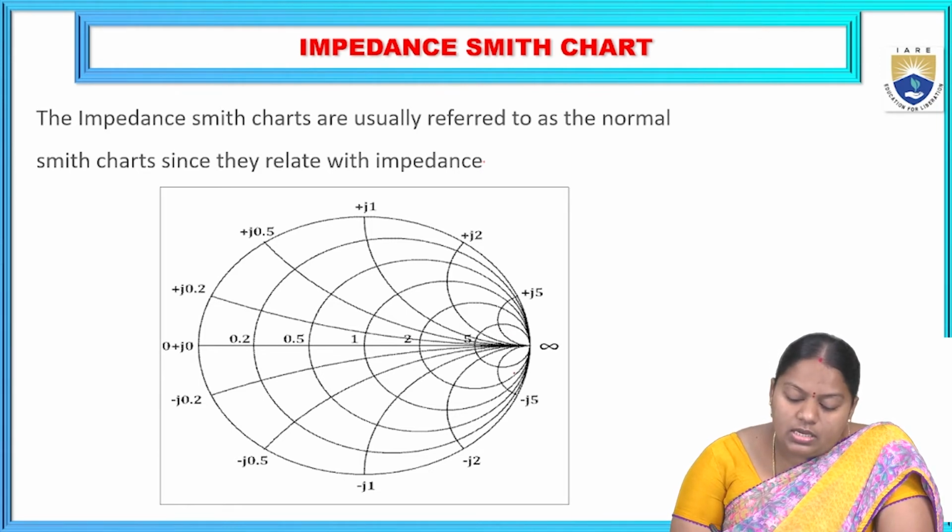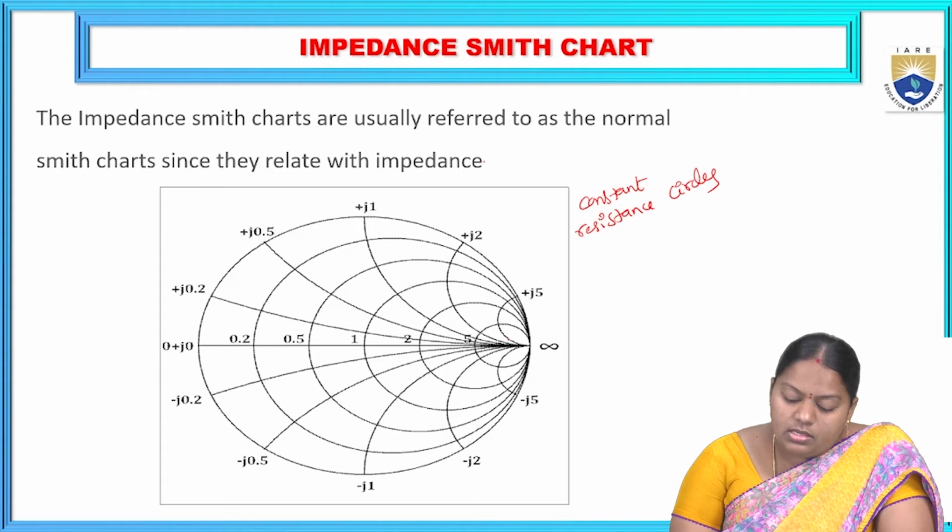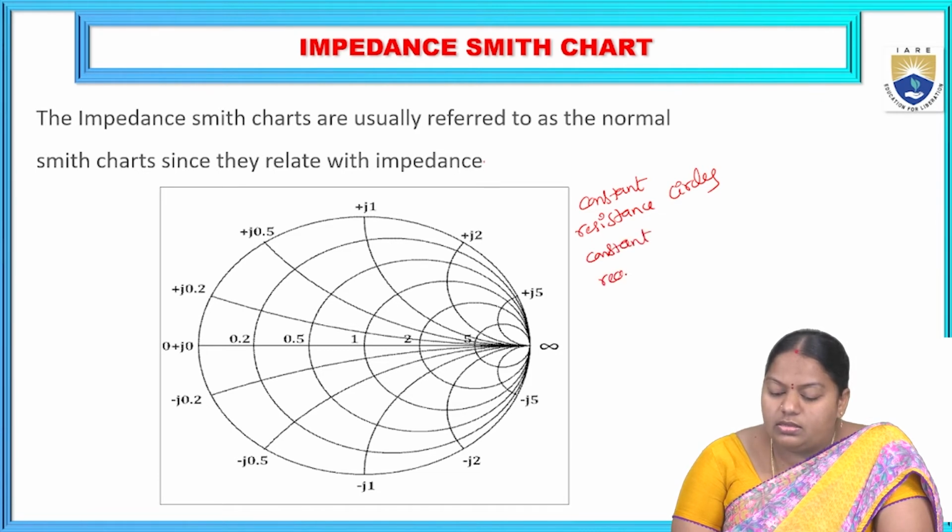See, these circles are representing the constant resistance circles, and the arcs on the left side are representing constant reactance circles.